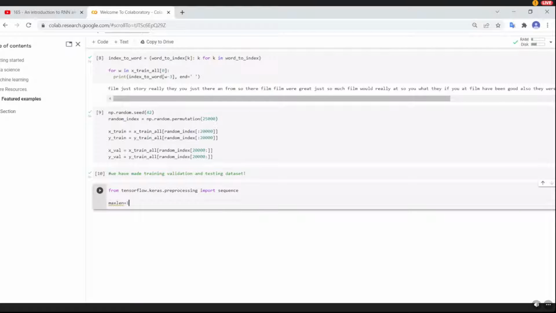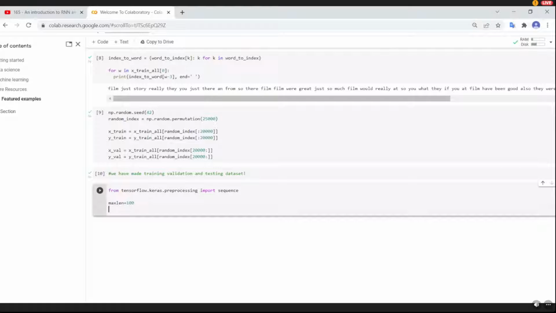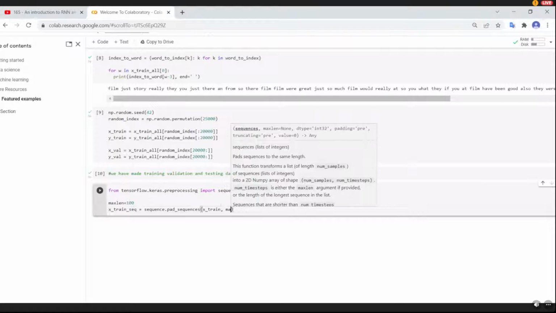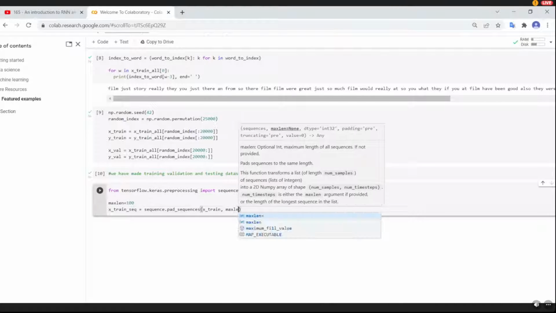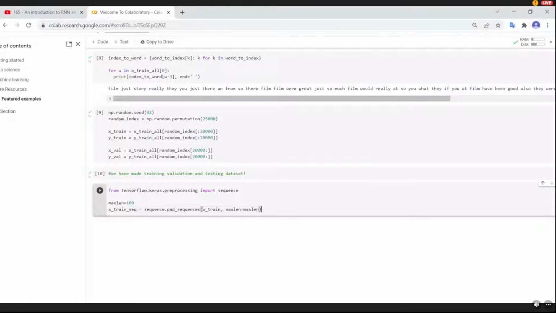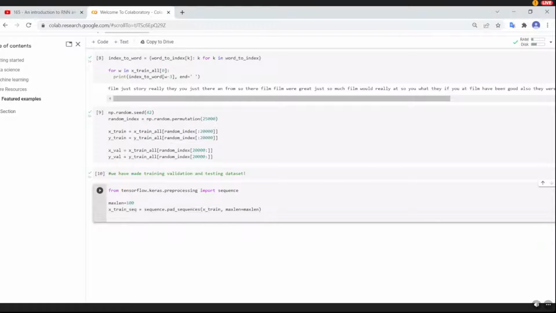Max length is 100. x_train_seq = pad_sequences(x_train), x_val_seq, x_test_seq. So we're padding more numbers in order to provide the same shape.